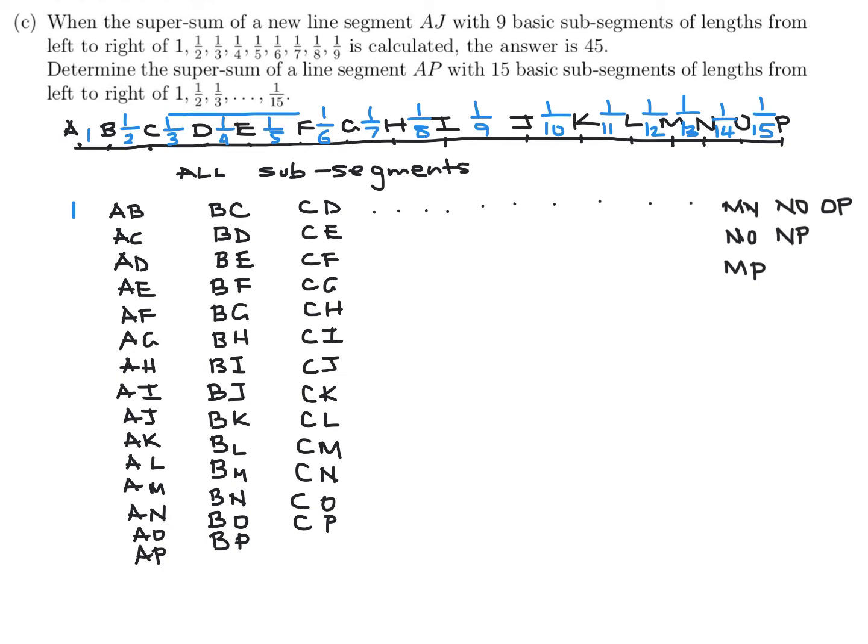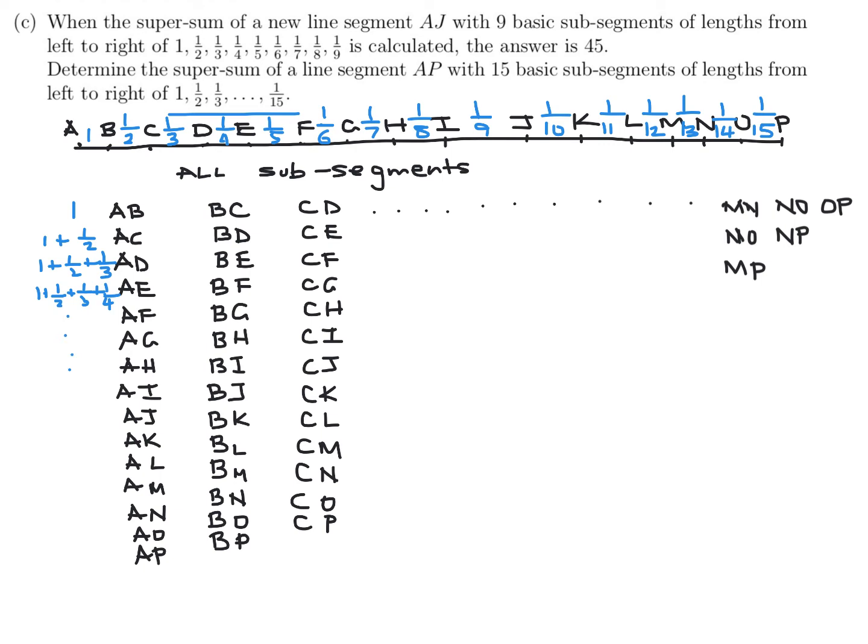So now AC would be 1 plus a half, correct? AD would be 1 plus a half plus a third. AE would be 1 plus a half plus a third plus a quarter. And you guys get the point. I don't have to write them all down. And then dot, dot, dot.